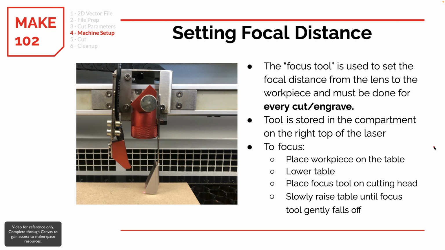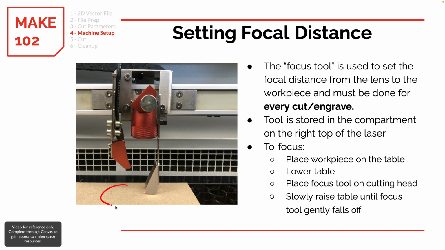The next thing we need to do is place our workpiece into the laser cutter, and we need to set the focal distance for the laser. So we need to focus the material to the laser. And we do that with this little focus tool. This tool comes off, but we place it on and it balances on the side of the lens.